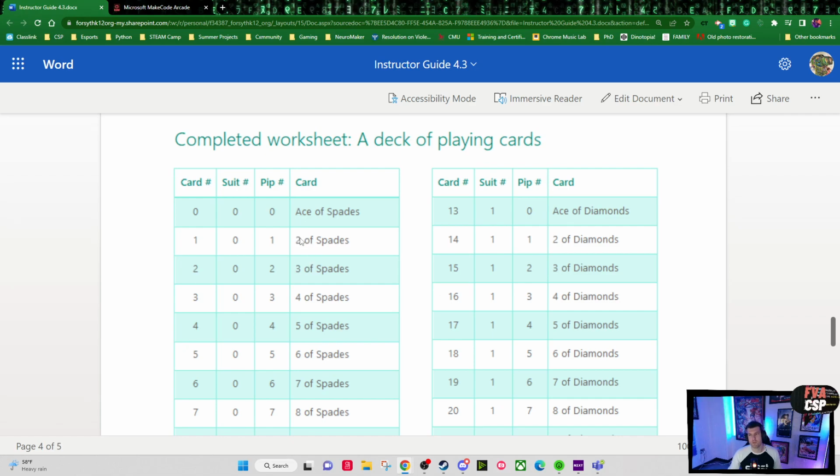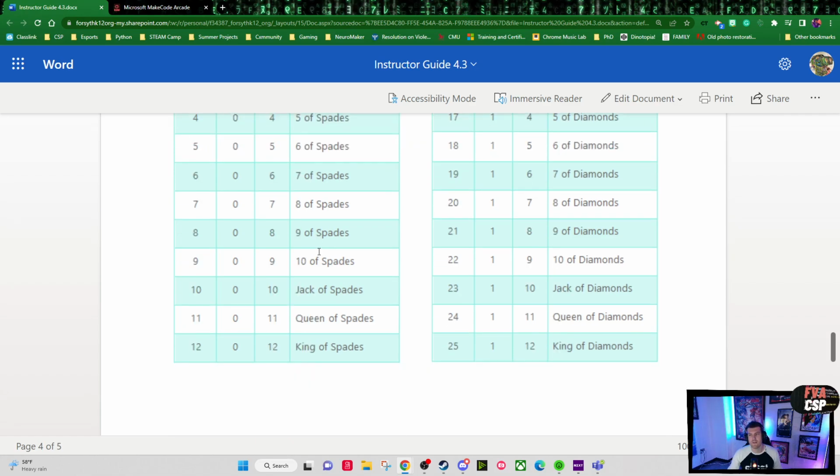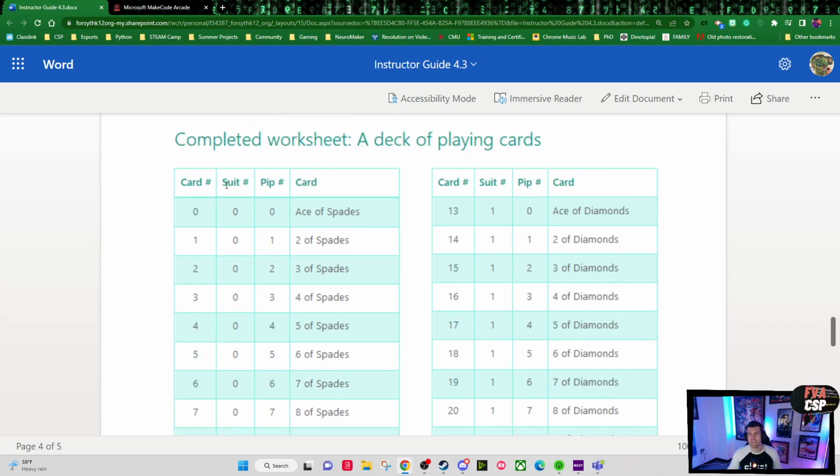Like this is a number, which is an integer, so we could use that in theory, but that would leave out ace, jack, queen, and king. We don't really have a way to easily compare a 10 to a jack. A computer only knows integers, or it only knows strings, but really if you're going to do calculations, you're going to need integers. So that is what these suits and pips are all about.